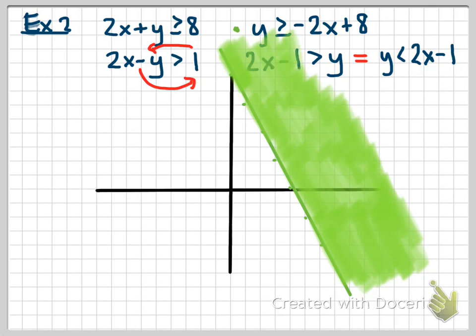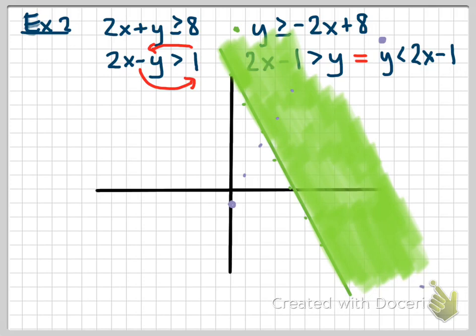Okay, now we're going to graph the second line in a different color, let's say purple. Y is less than 2x minus 1, so we're going to graph that in purple. The y-intercept is negative 1, and the slope is 2, so go up 2 over 1, up 2 over 1, up 2 over 1.